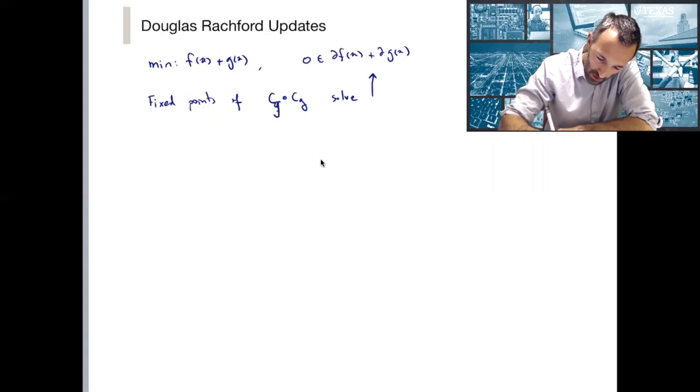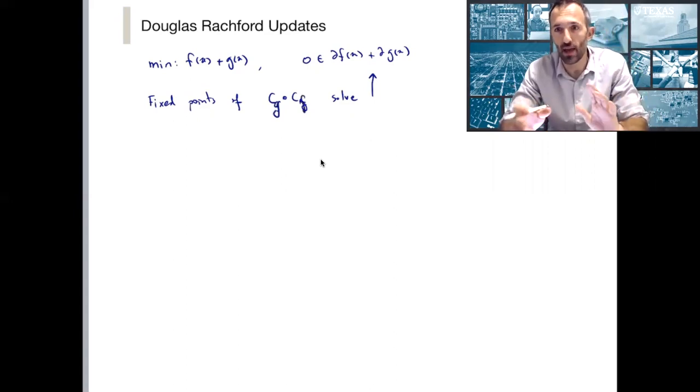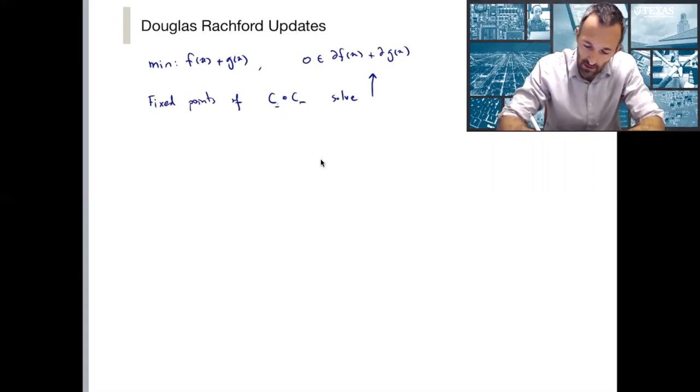The algorithm is not symmetric in f and g, but of course we can interchange these. But just to be consistent with my previous notation, let me write it in this way.